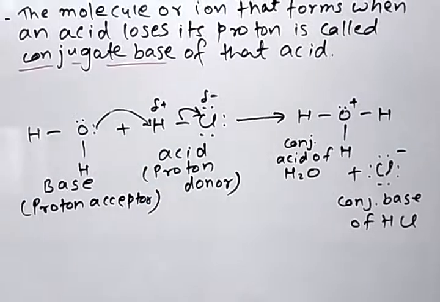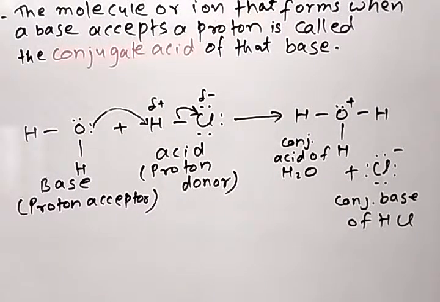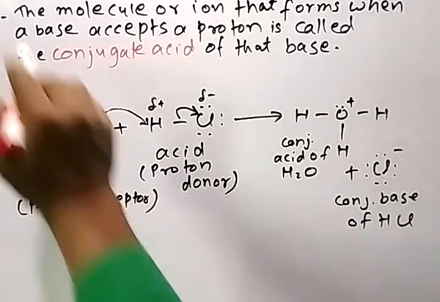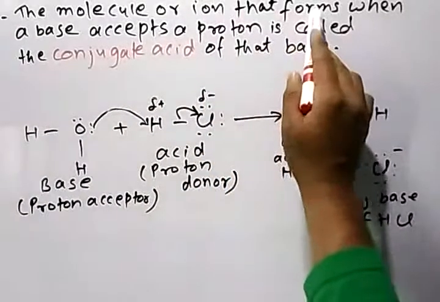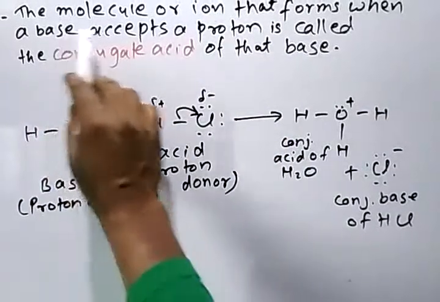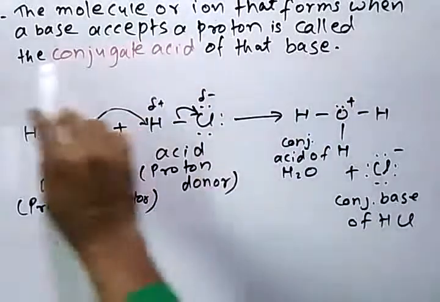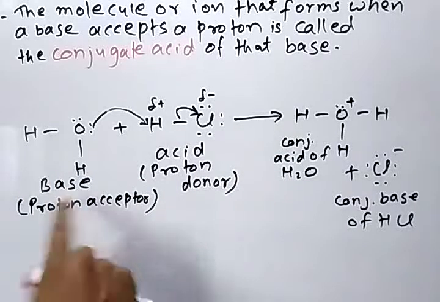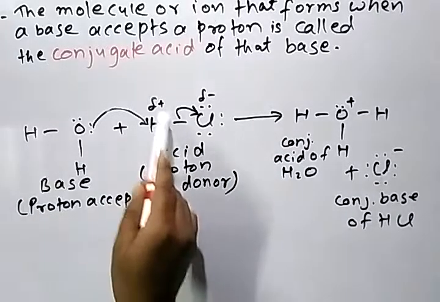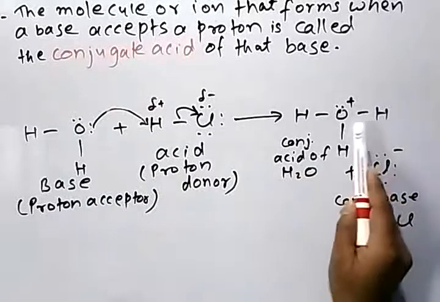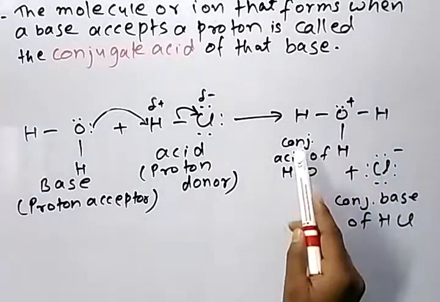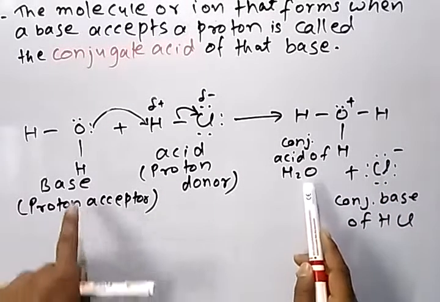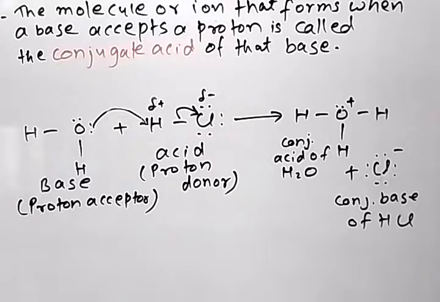Okay. Similarly, the molecule or ion that forms when a base accepts a proton is called the conjugate acid of that base. So here is the base, water. It accepts this proton to become H3O plus, so it will be called the conjugate acid of the base, water. Okay.